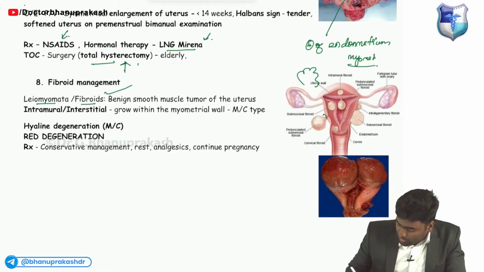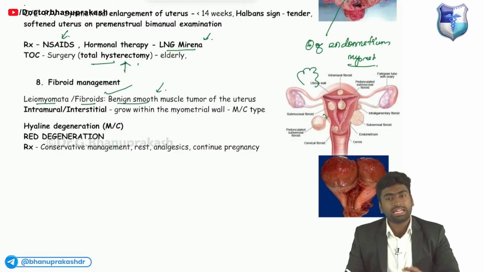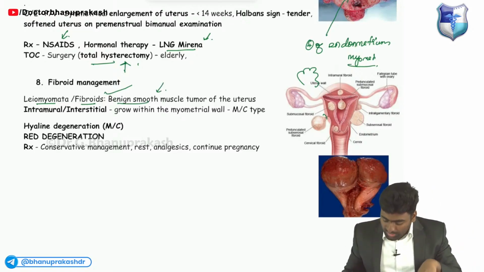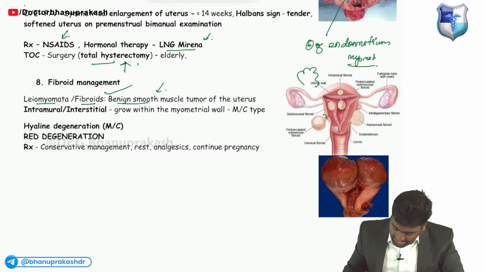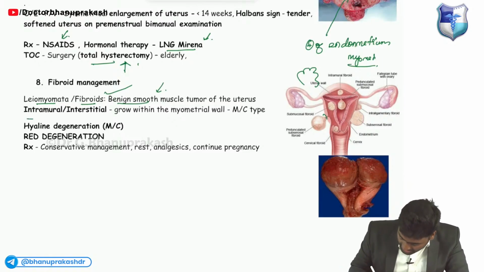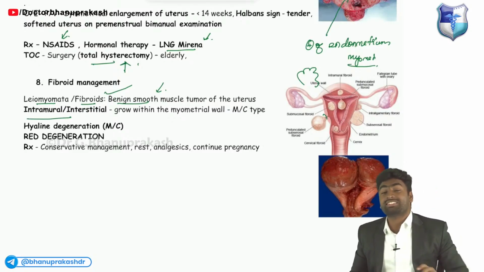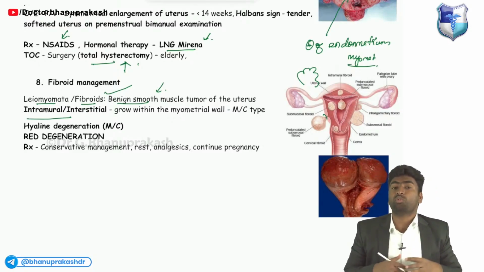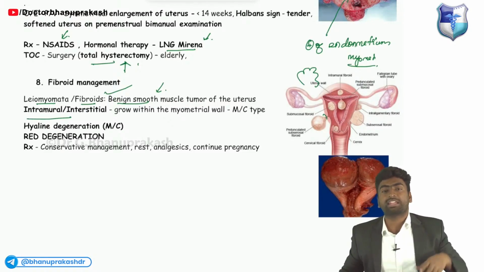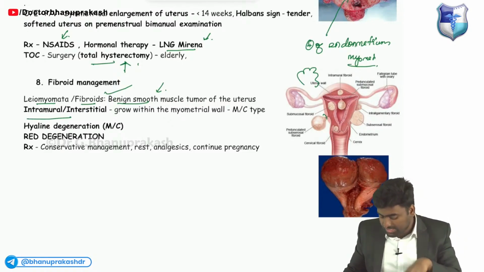It is the most common benign tumor of the uterus, and the most common type is the intramural or the interstitial type of fibroid. Whereas the submucosal fibroid produces more symptoms like menorrhagia, but the most common type is the intramural.